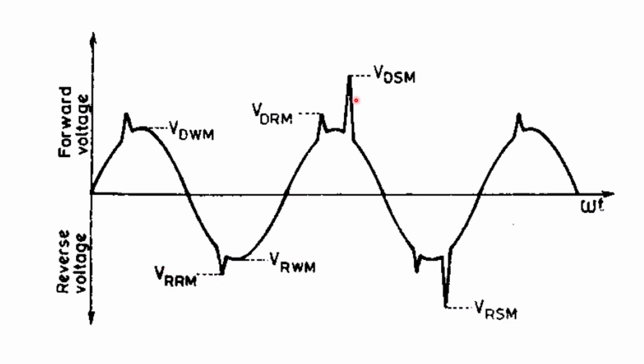Okay, and since these are non-repetitive, this doesn't occur frequently, but these are not a kind of avalanche of a thyristor, so due to this there will be no damage to the thyristor. Okay, and this will be always less than VBO, the breakover voltage. So VDSM will be less than the forward breakover voltage, and VRSM will be less than the reverse breakover voltage.